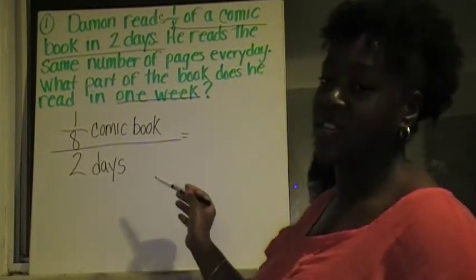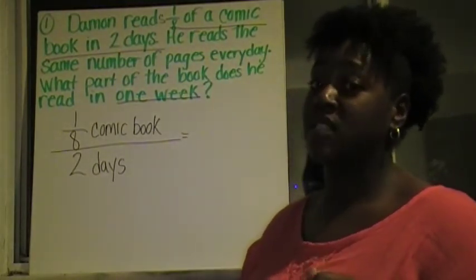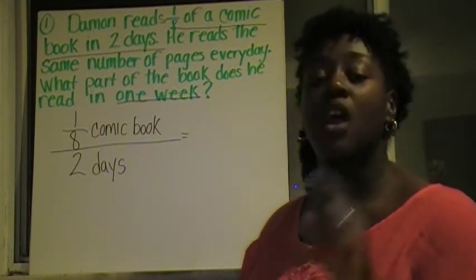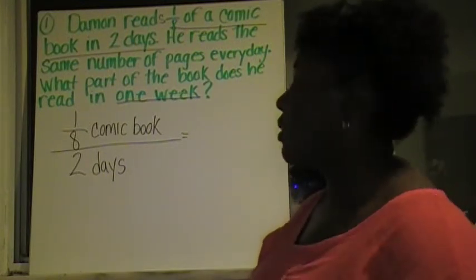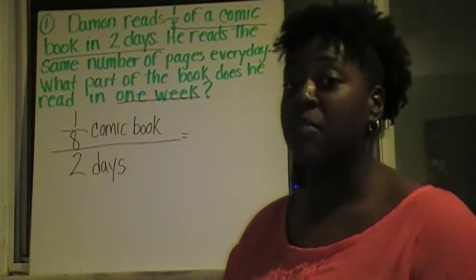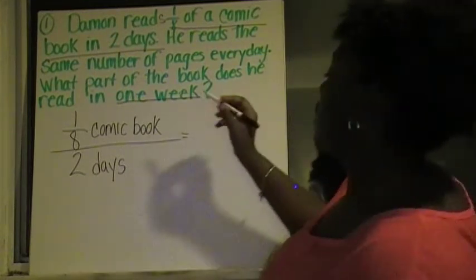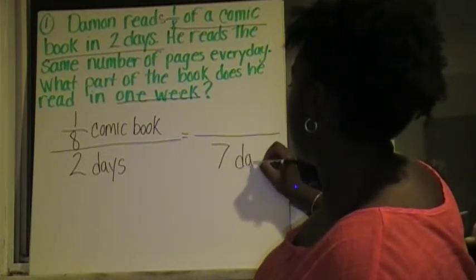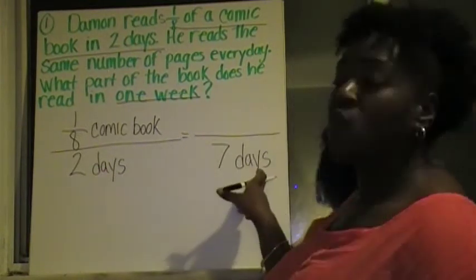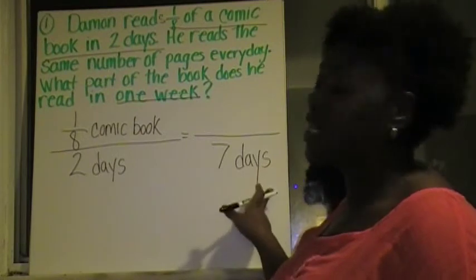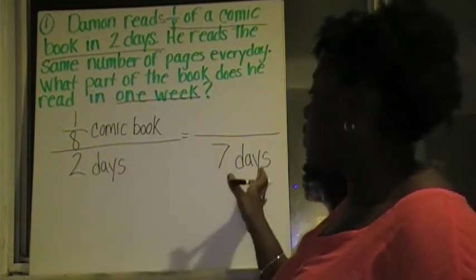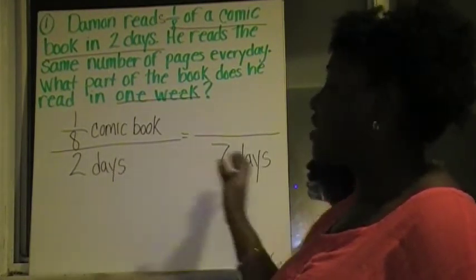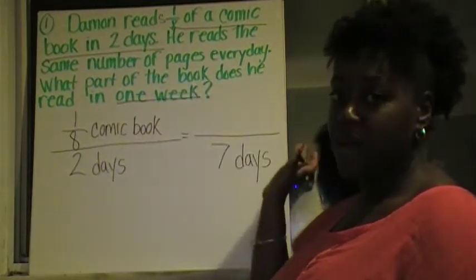It gave me days. So the question I have to ask myself is how many days are in 1 week? And we know that that is 7. So I'm going to go ahead and put 7 days here. If I put weeks here, my units would not match. And I want my units to make sure they match. Days at the bottom, comic book at the top.